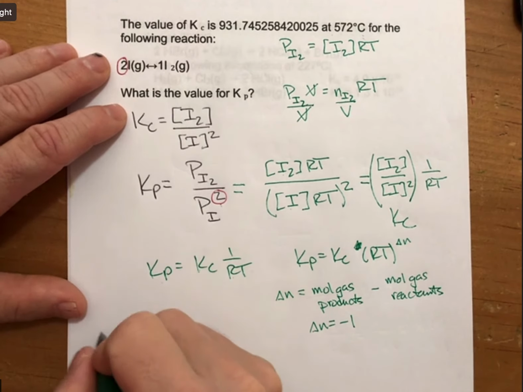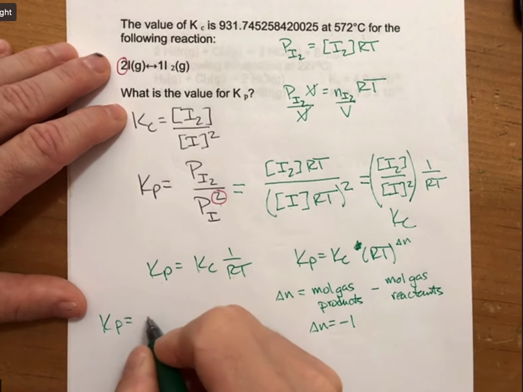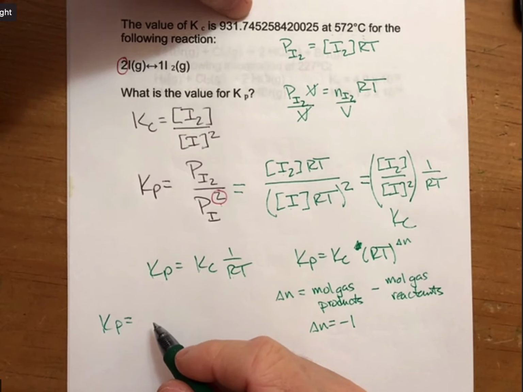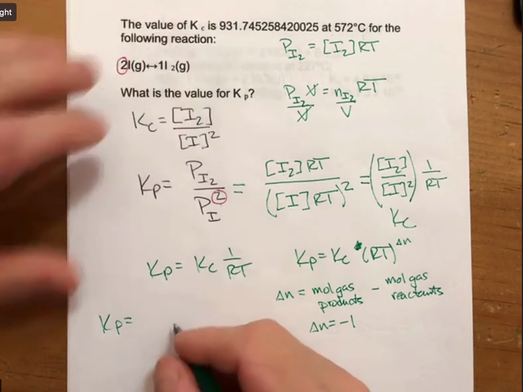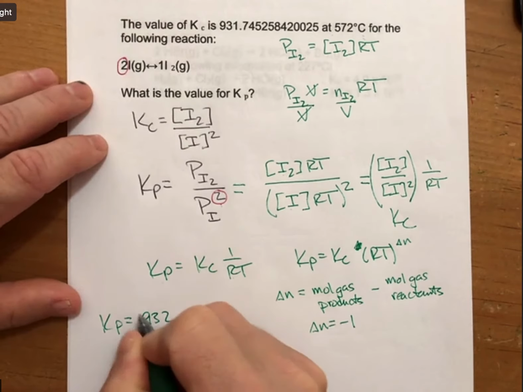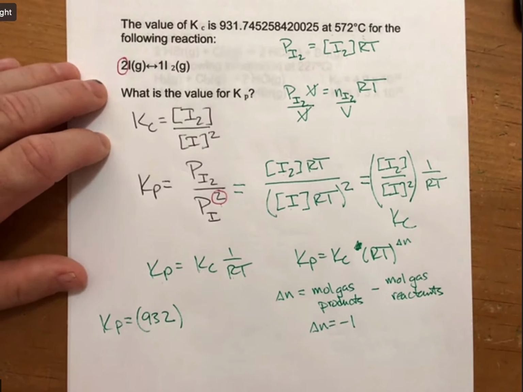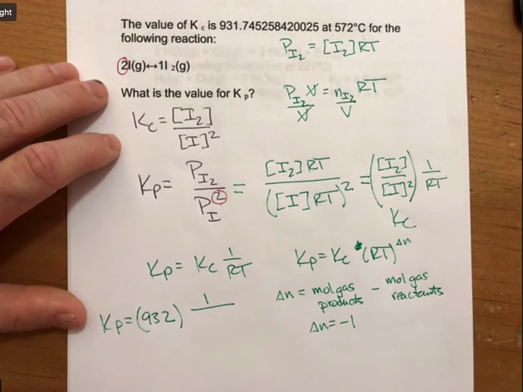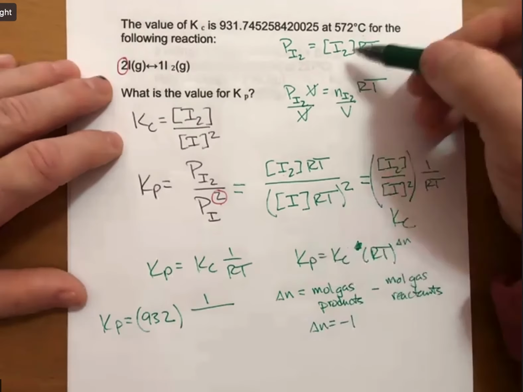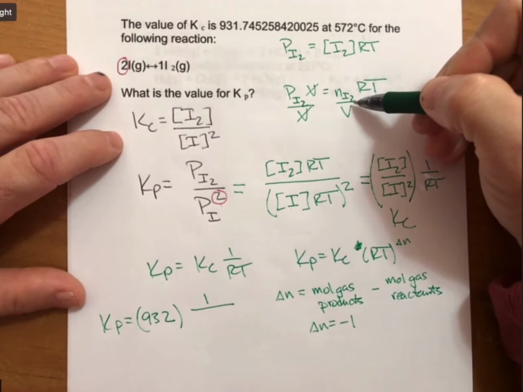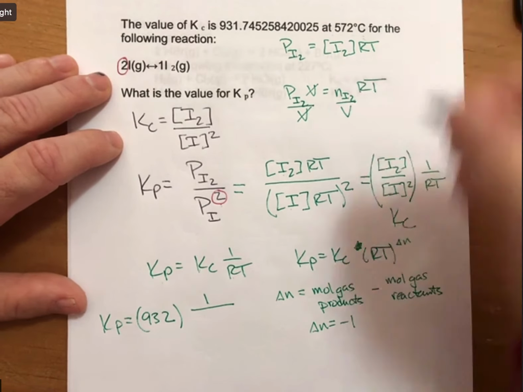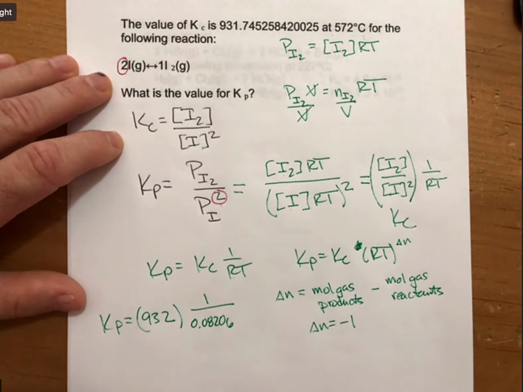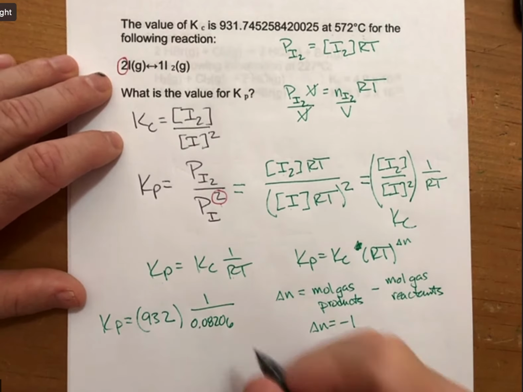So Kp equals Kc, which is, I'm going to use 932, times 1 over RT. R here, since we're talking about the ideal gas law, is the 0.08206 liter atmospheres per mole Kelvin.